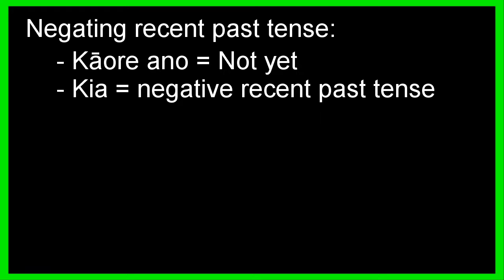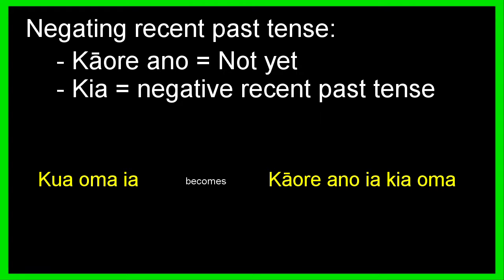However, for the negative tense, we use the word kia, as in the example. Kua oma ia, he has run, becomes kaore anō ia kia oma, he has not yet run.